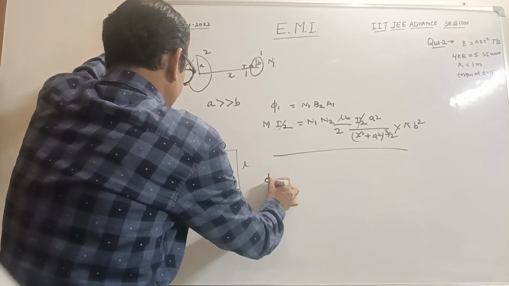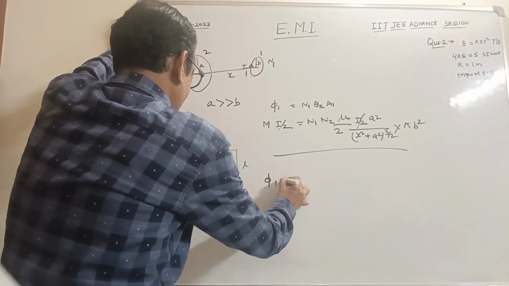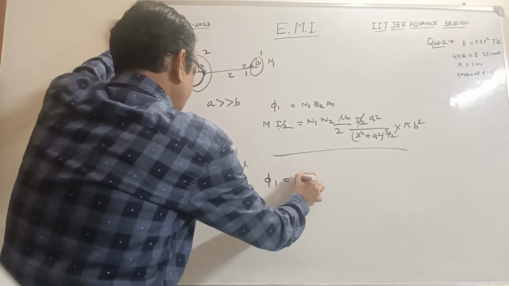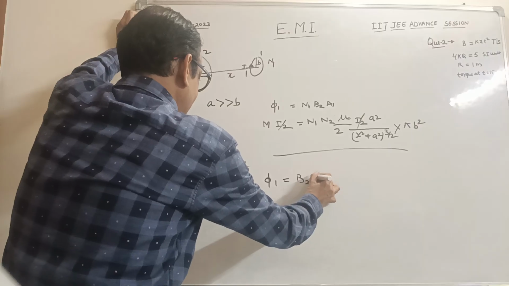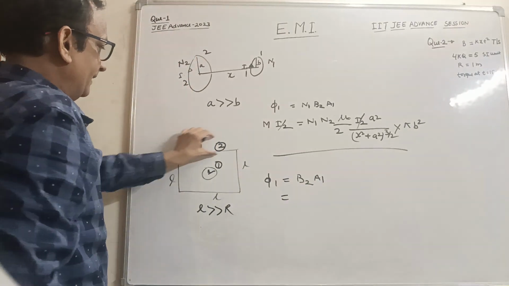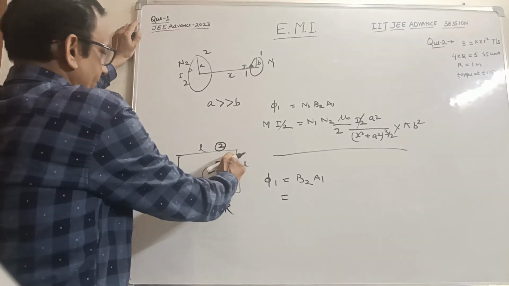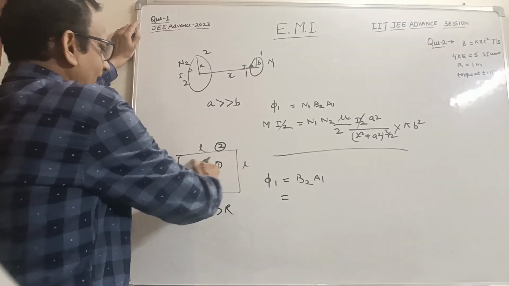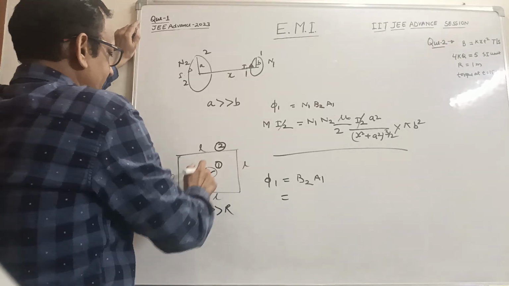The flux through first would be the magnetic field of second times the area of first. We know the field of a wire of finite length.